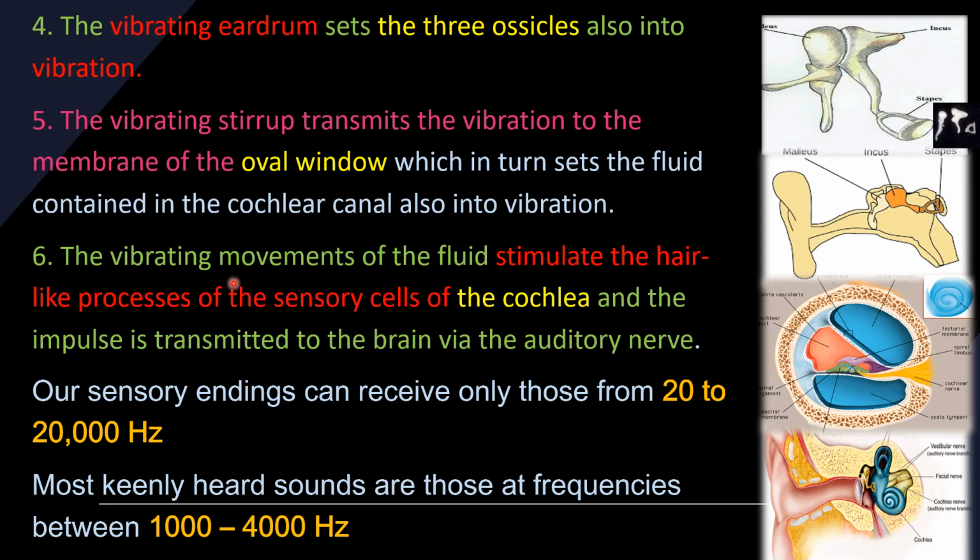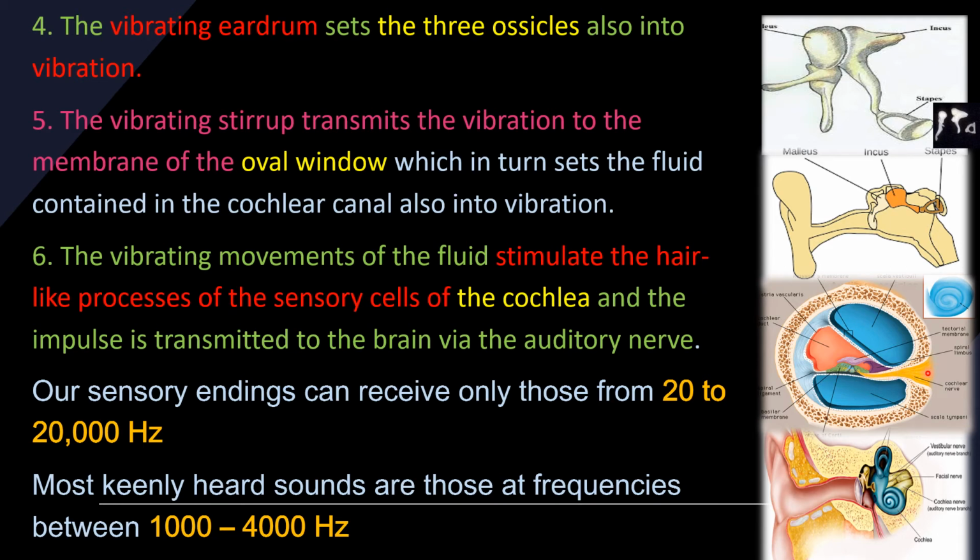The vibrating movements of this fluid stimulate the hair-like process of the sensory cells. You can see here the hair-like process of the sensory cells of the cochlea, and the impulse is transmitted to the brain via the auditory nerve. When the impulse reaches the brain, then we can hear the sound.